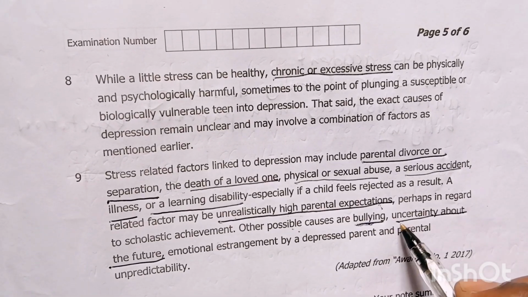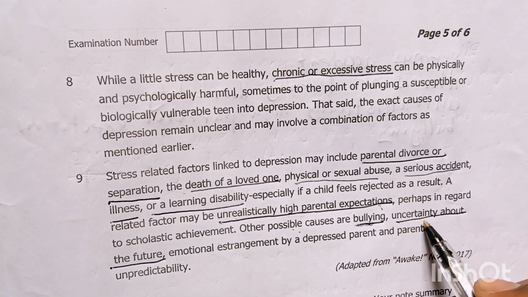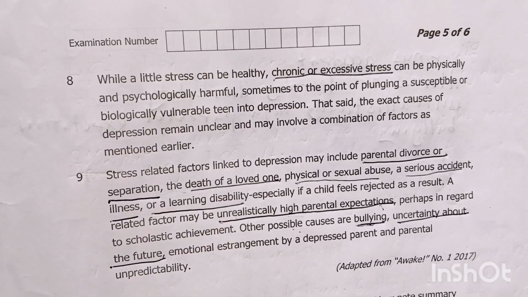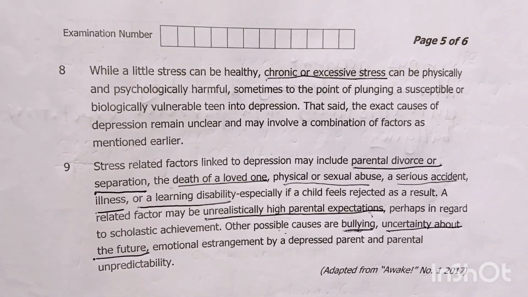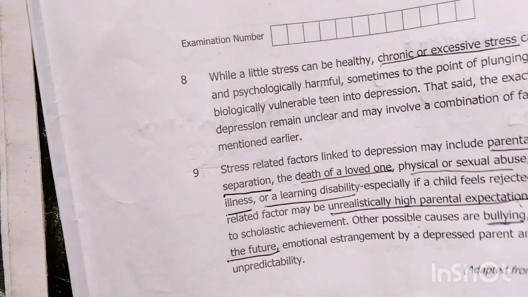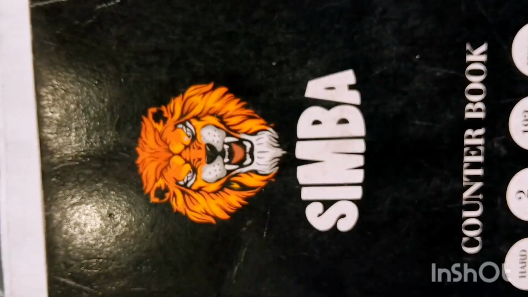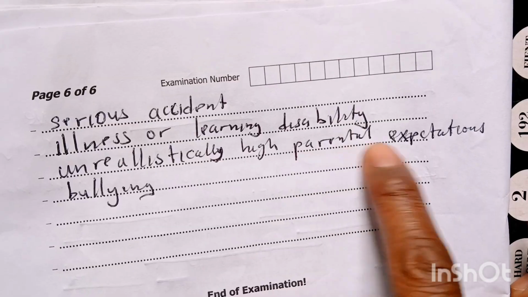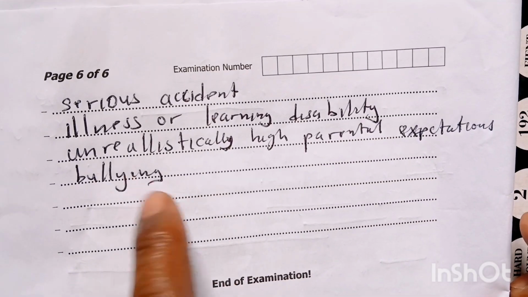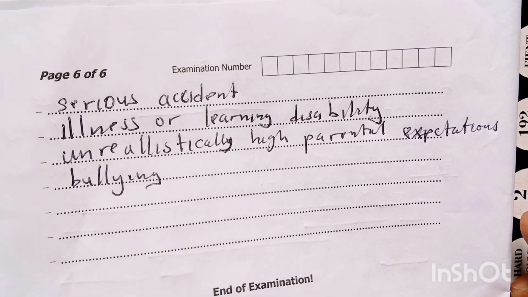Then there's a comma also. The other thing is being uncertain about the future. So this one is also a point. So I'll show you how I've written these 3 points. Here, to the next page. These are the points. Unrealistically high parental expectation, bullying. So I've ended on bullying, and I'm remaining with 3 points right now.